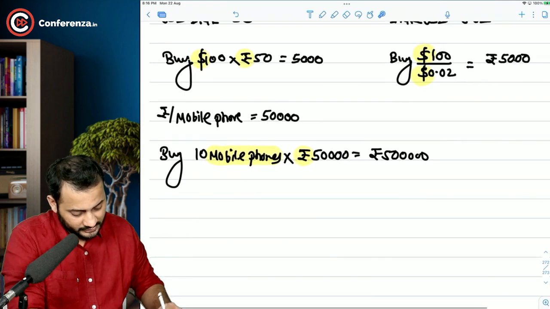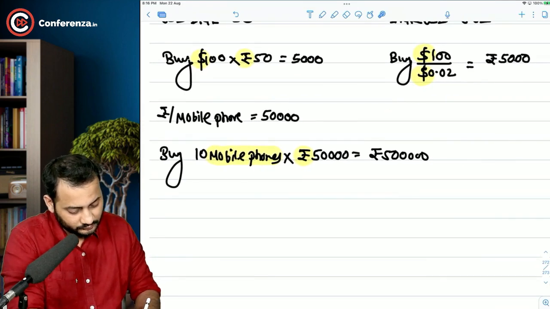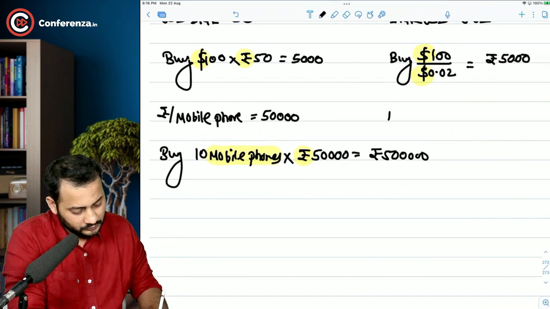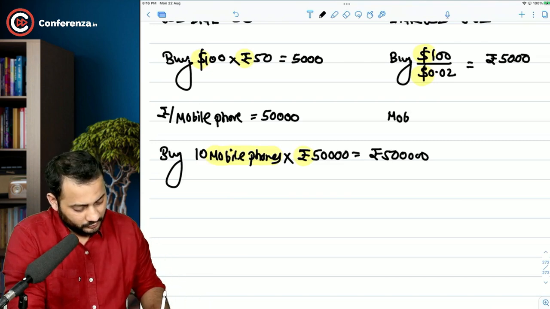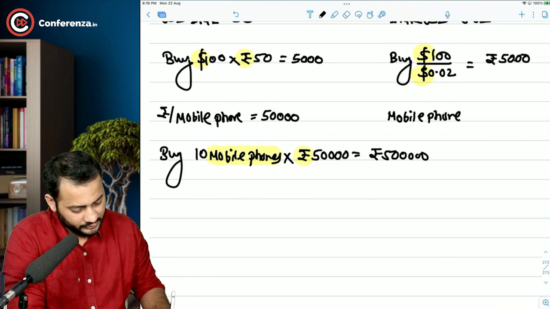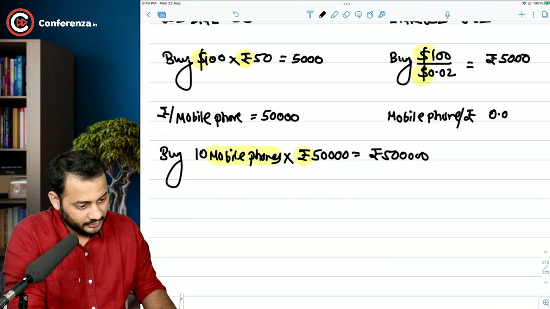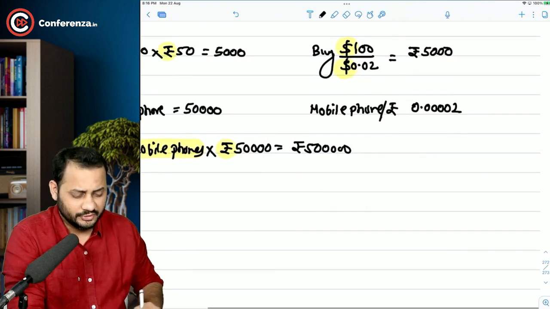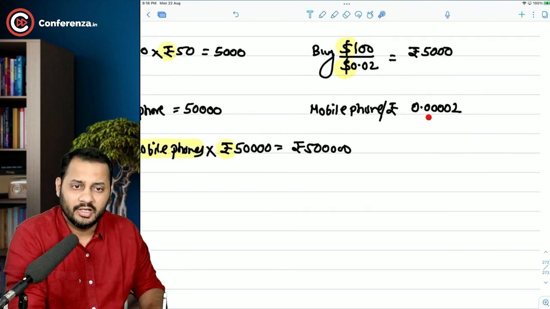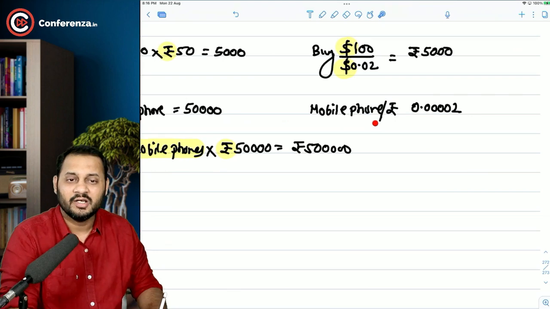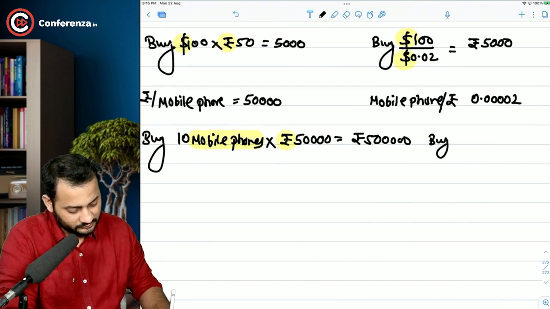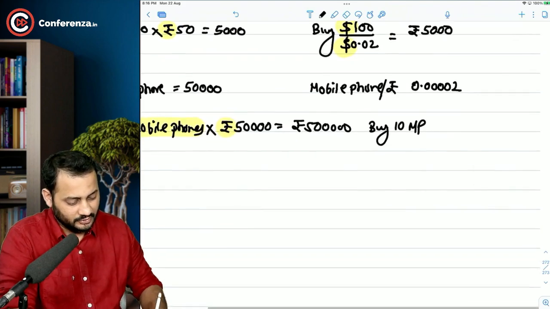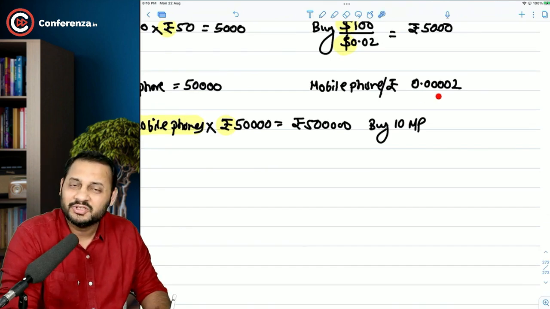Now, let's say for example, mobile phones, understand what I'm doing, and this is going to be of real help to you later on. Mobile phone per rupee is 0.00002. Obviously it is not practically possible to buy 0.00002 mobile phones for 1 rupee, but just take it like this. Now if you want to buy 10 mobile phones, what are you going to do? 10 multiplied by 0.00002 is not the solution, sir.